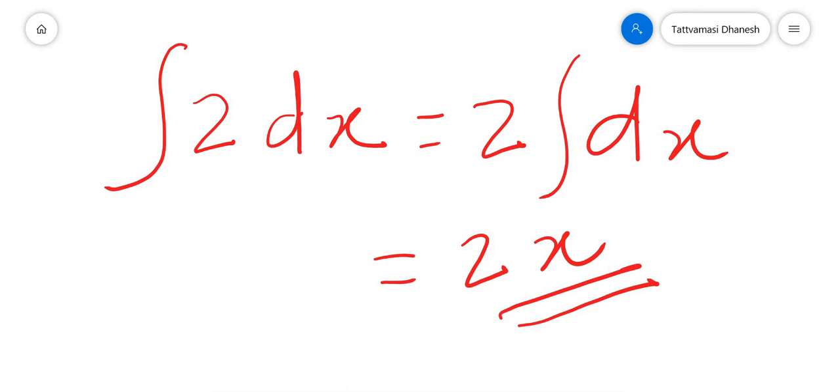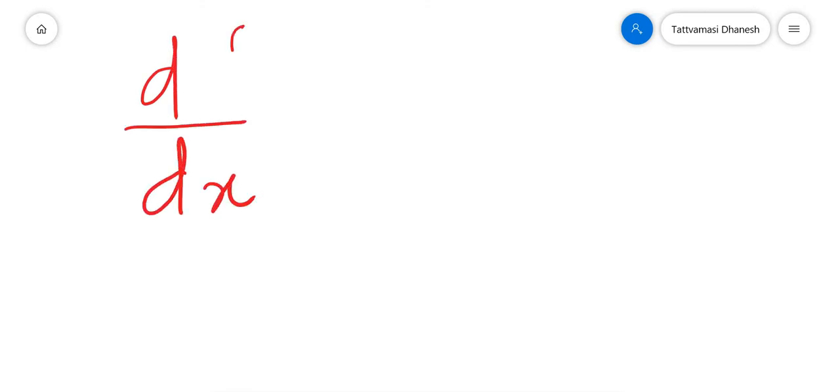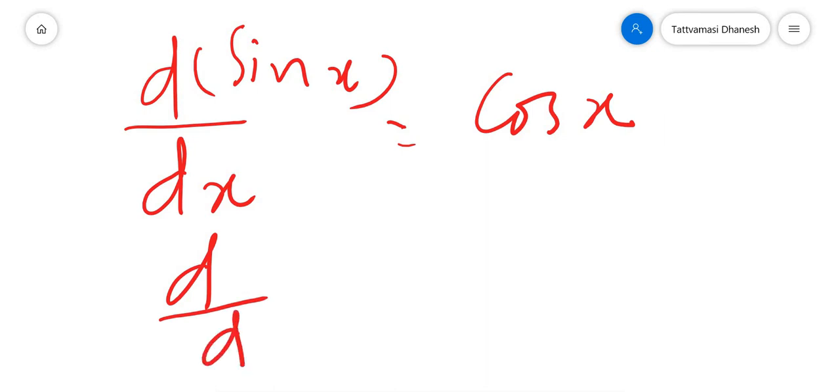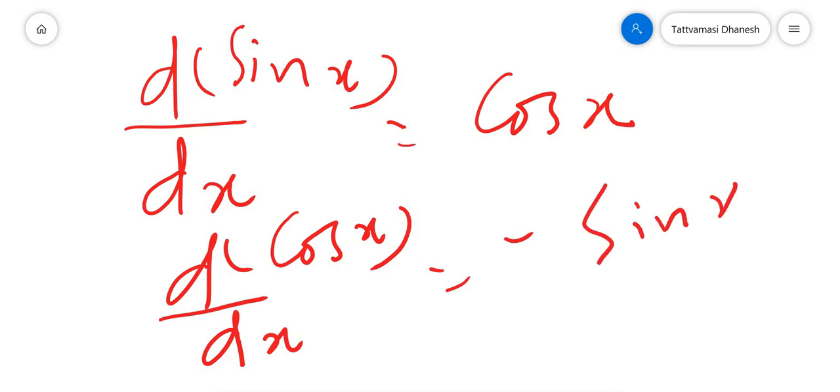Now some more formulas I am giving you. These are the derivatives of trigonometric functions, which you can remember. d by dx of sin x is equal to cos x. d by dx of cos x is equal to minus sin x.